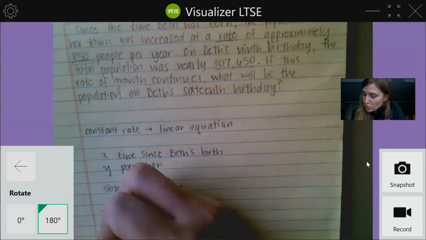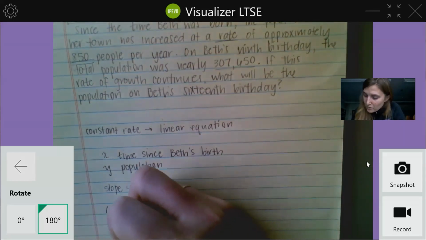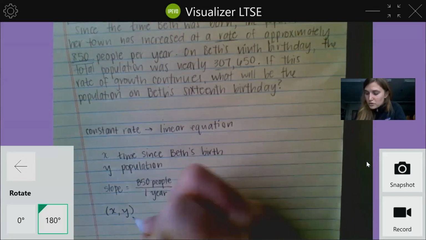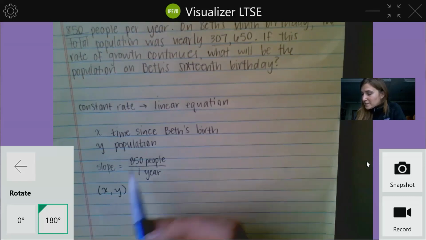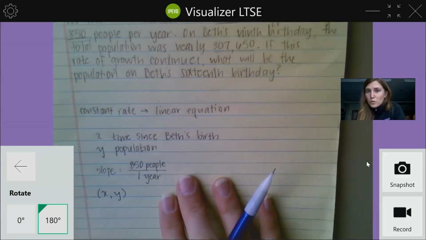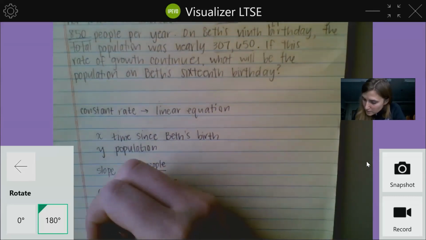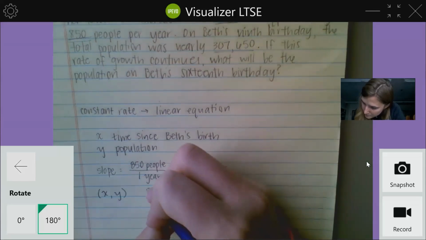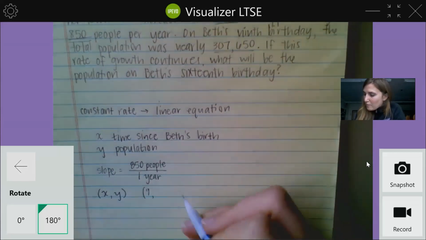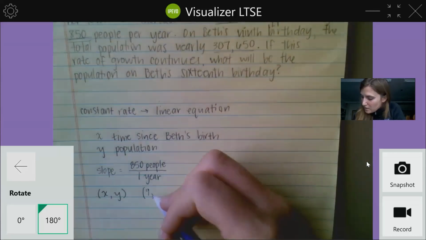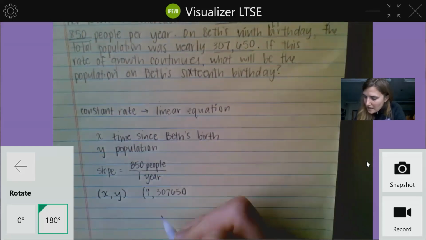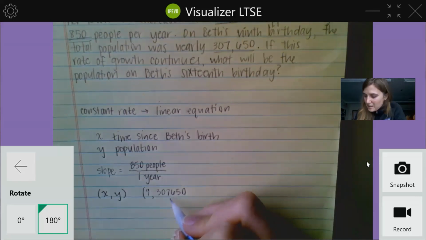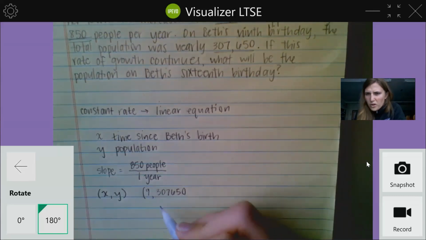So let's write it as an ordered pair. Remember, X comes first, and then Y, just like the alphabet. And X will be the time since Beth's birth, which would be 9. And then the population at that point is 307,650. And I'm not going to write my comma there, because then that might confuse me with the ordered pair.